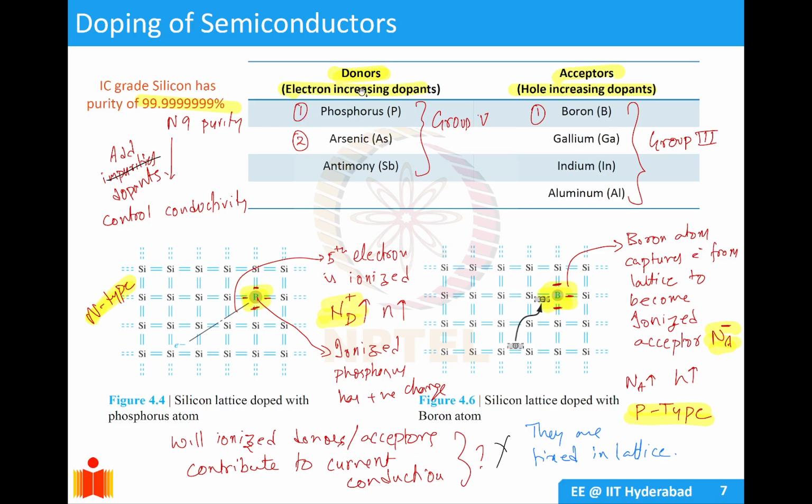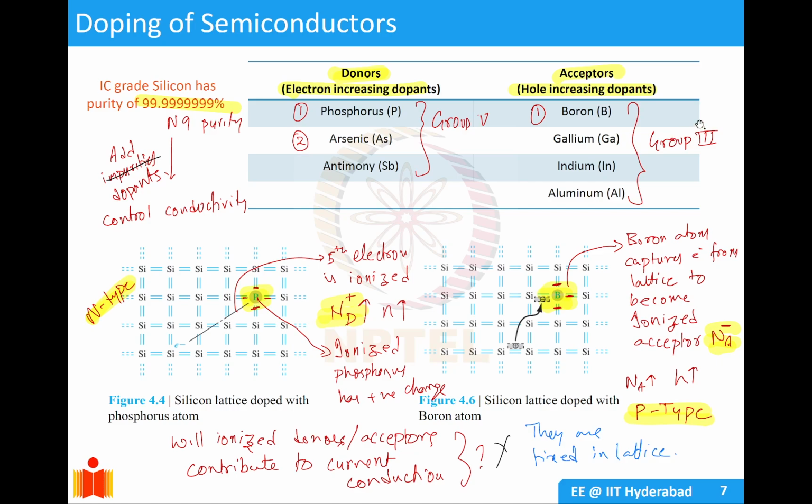There are two types of dopants. One is donors, which give electrons to the silicon lattice, and one is acceptors, which take electrons from the silicon lattice and leave behind a hole in the lattice. Your group 5 elements, phosphorus, arsenic, and antimony, are considered donor dopants, and generally we use phosphorus and arsenic for doping. We don't use antimony.